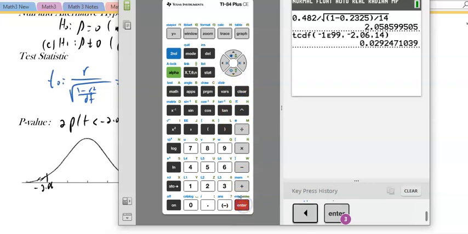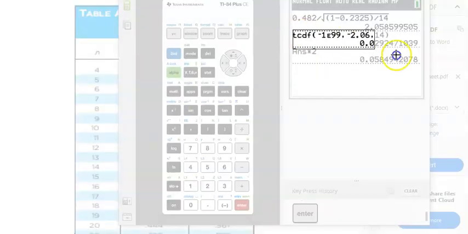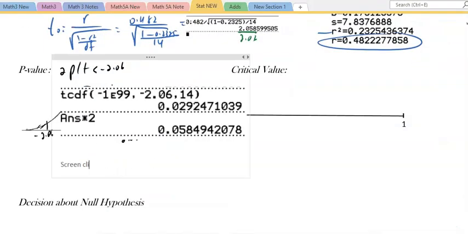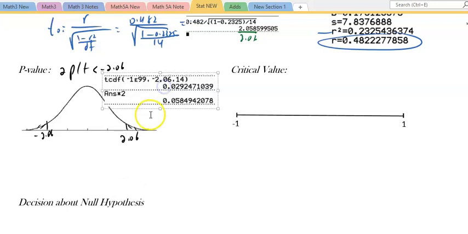Tell me what that is, and multiply by 2. Again, I write everything for your notes, so when you look back, you know exactly what we did. I'm getting that to be 0.05854, which is more than 5%. That means fail to reject the null hypothesis.